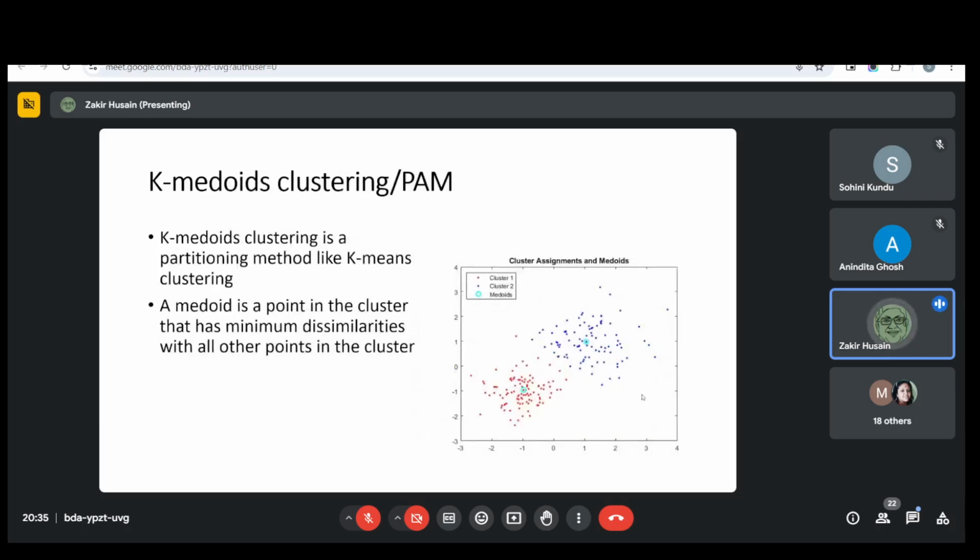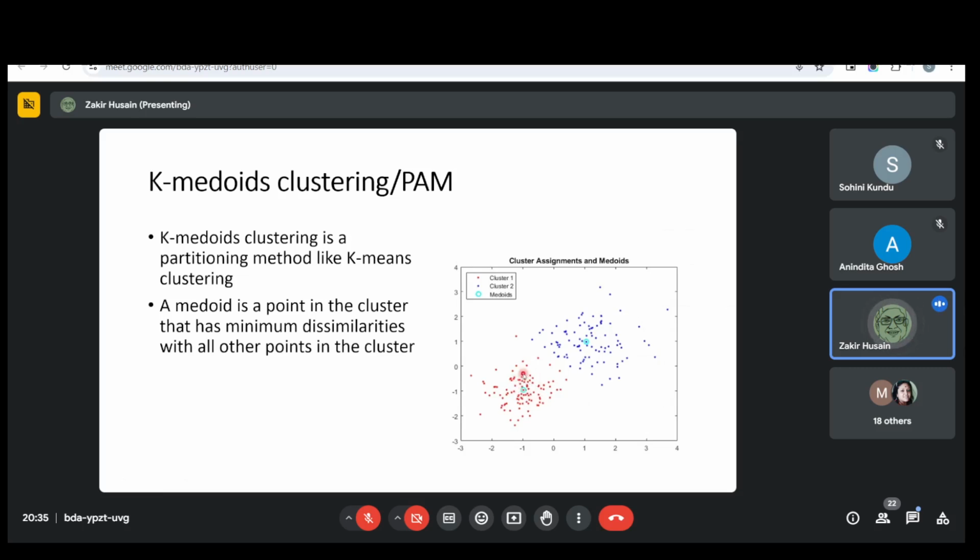Medoid. A medoid is a point in the cluster that has minimum dissimilarity with all other points in the cluster. So I don't know whether it is visible, but over here you can see you have two medoids.